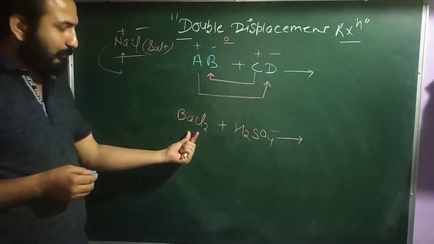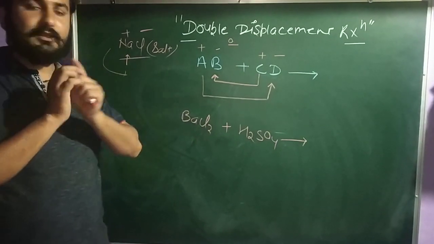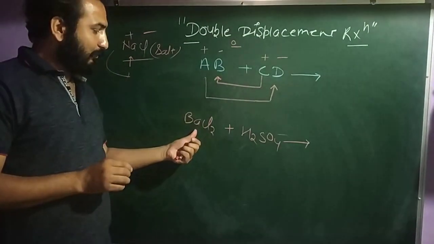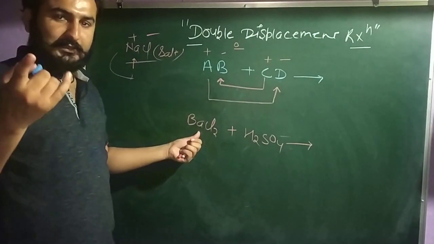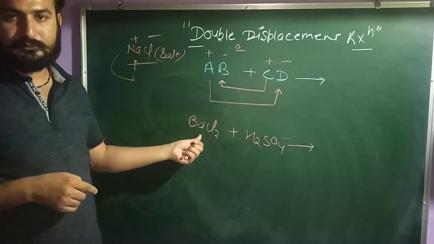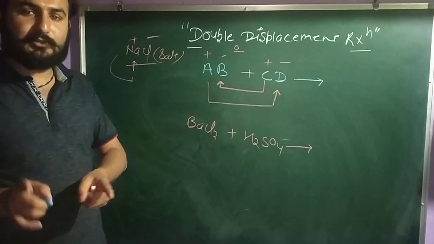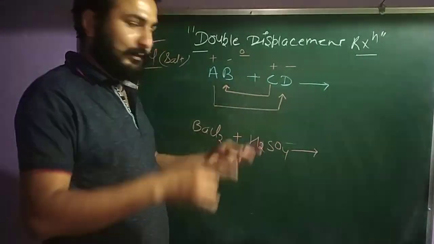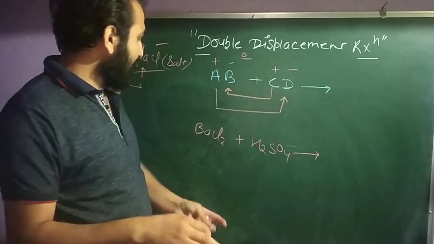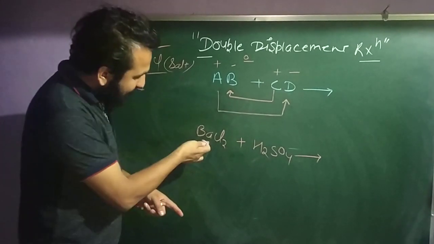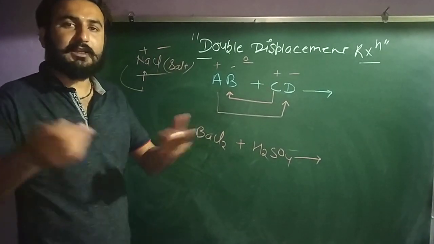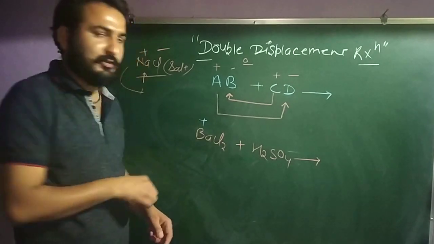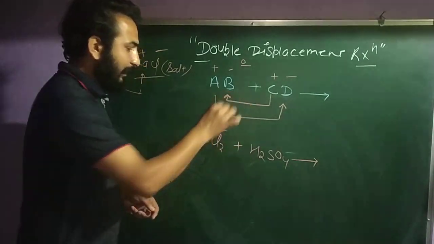In this BaCl2, without any hesitation you can say this Ba is positive in nature, without knowing whether it is a metal or non-metal. Clear? No need to know. If you have no knowledge of the periodic table, you cannot identify this Ba. So directly you can say this is in the positive state and this is the negative state.